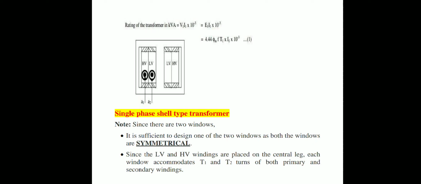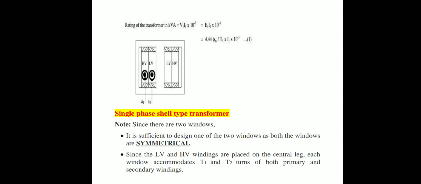We have two windows, and two windows are actually identical and very clearly symmetrical to each other. So while designing, we can consider one window and replicate all designing parameters of that single window to the another window. Why? Because it is symmetrical.